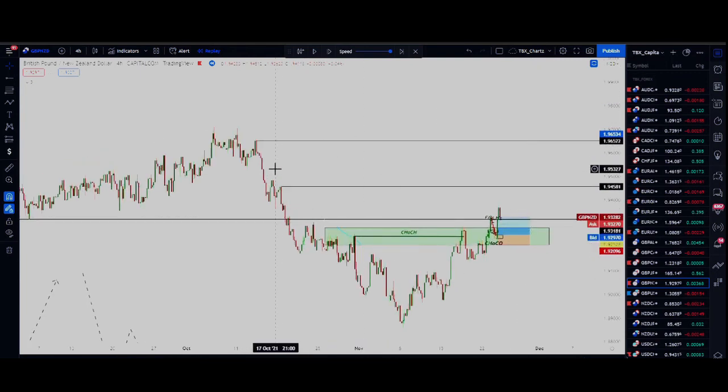So now, why did I bring my take profit to this place? Structure. If you like to use Fibonacci, you can just bring out your Fibonacci low to high, and you're going to get a take profit somewhere around here. If it works for you, there's no problem.